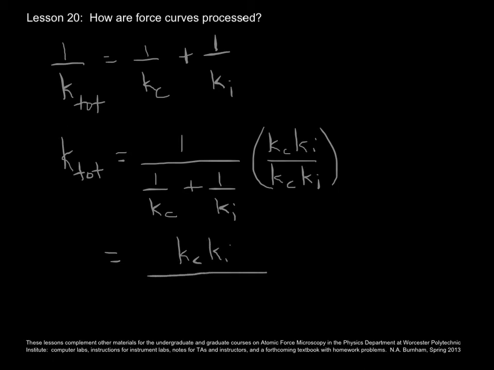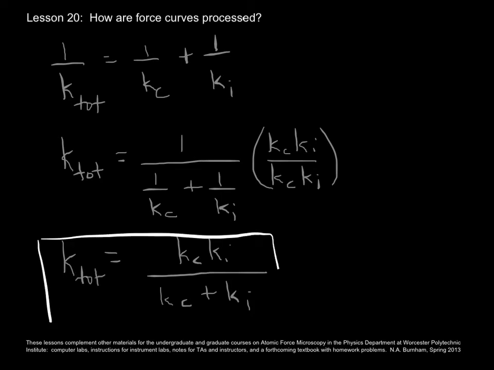So in the numerator we get KcKi, and in the denominator we get the sum of Kc and Ki. So there's our expression for the total system stiffness when you're compressing both springs, as you do as you collect raw force curve data.